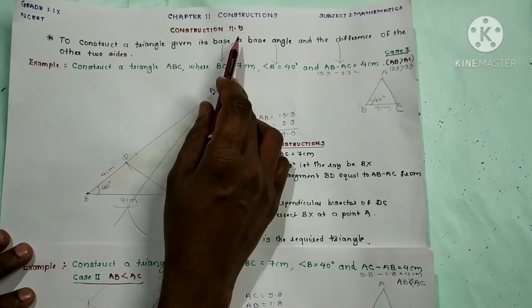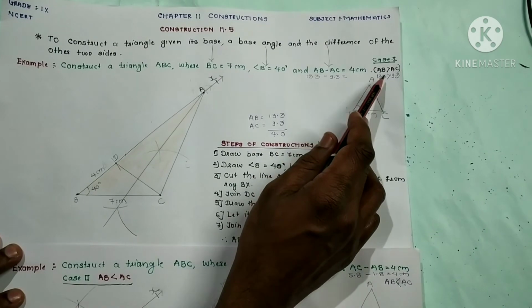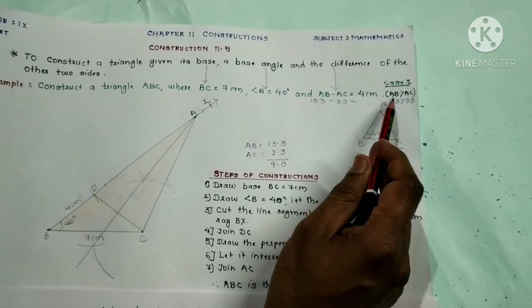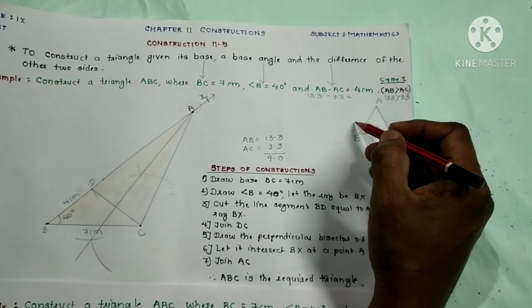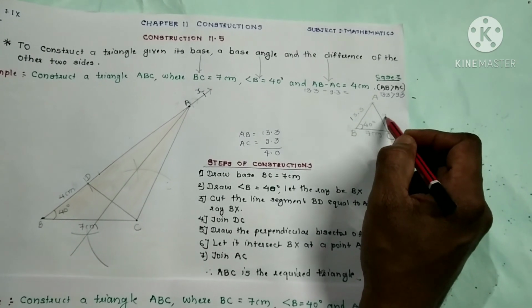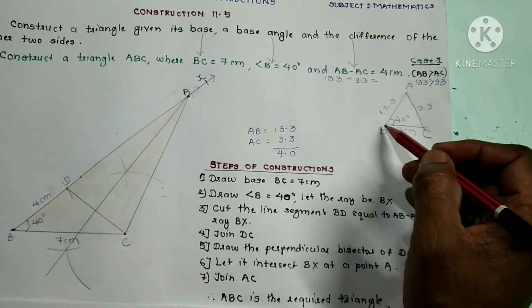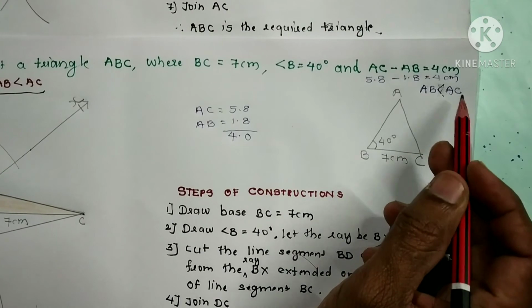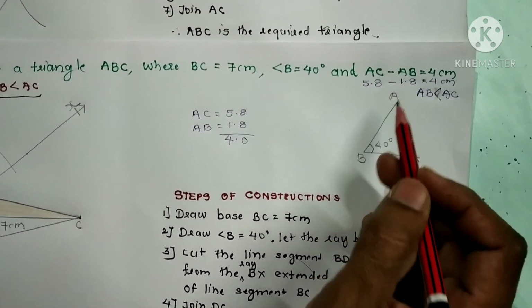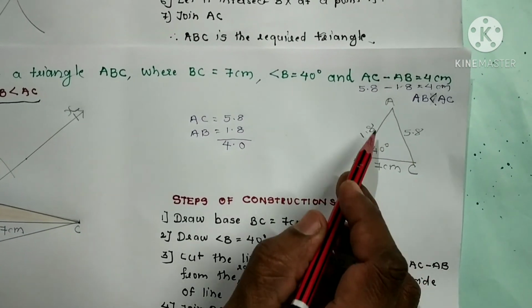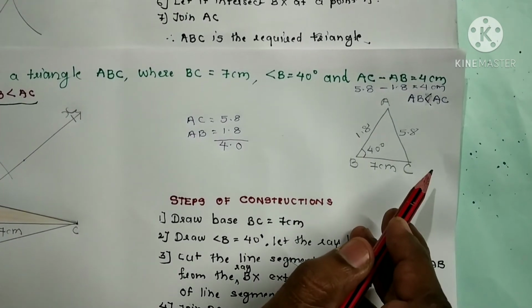For this construction 11.5, there are two cases. Case 1 is AB is greater than AC, and case 2 is AB is less than AC. So case 1, AB is greater than AC, means AB we got the distance of 13.3 here and AC is 9.3, which is AB greater than AC. And for the second case, AB is less than AC, we got the distance of AB as 1.8 and AC is 5.8, which means AB is less than AC.